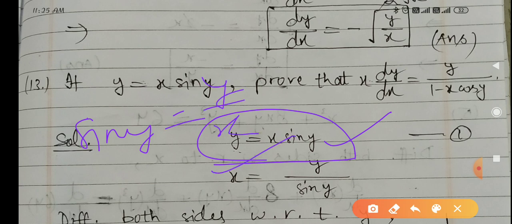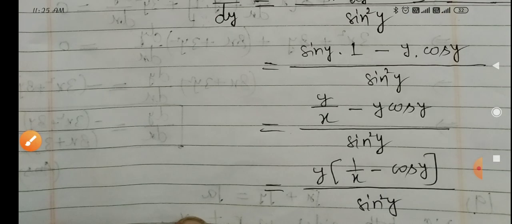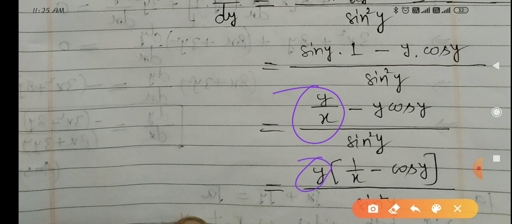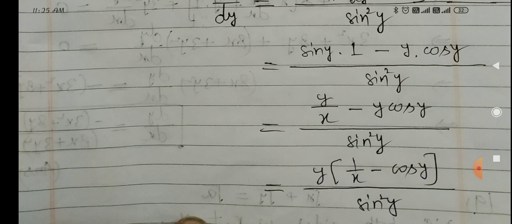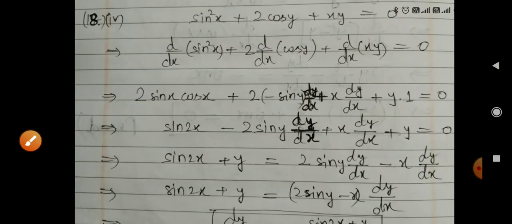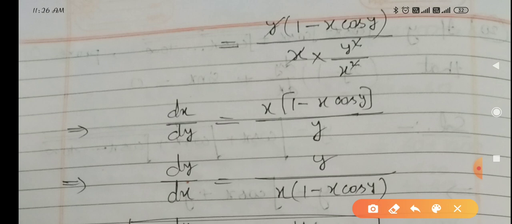So from this equation we are putting the value sin y equals y upon x. Now we are taking y as common, so 1 upon x, cos y upon sin square y. Now how can we solve? In the denominator also I am putting the value of sin y, y square upon x square.